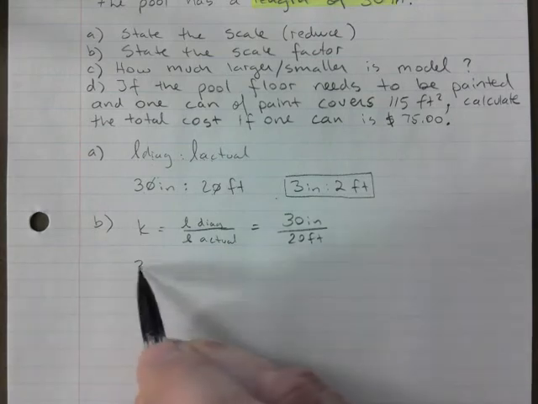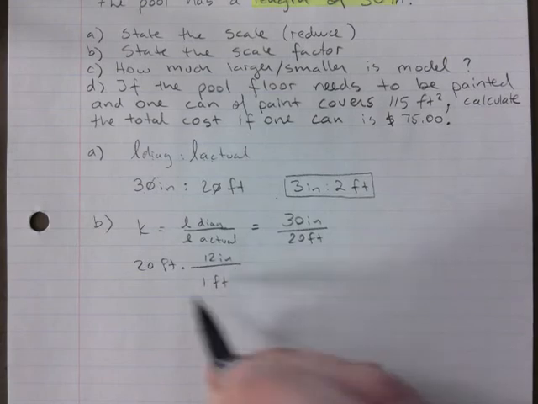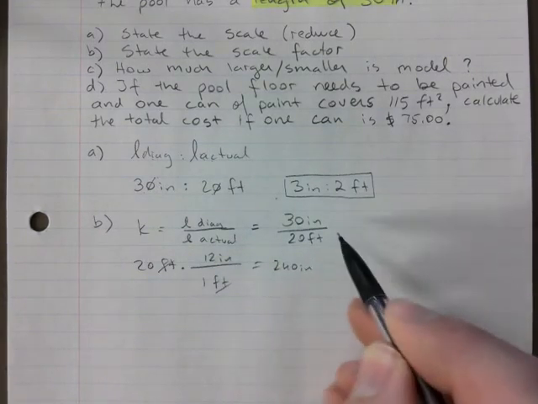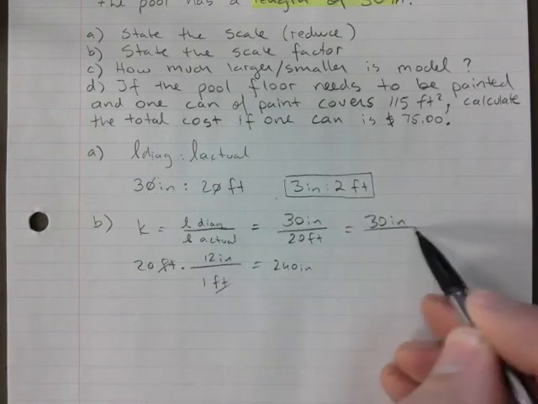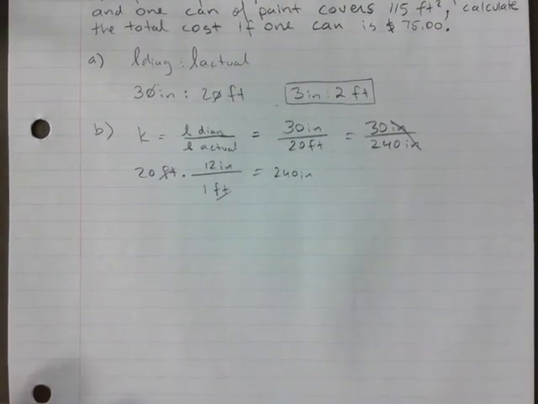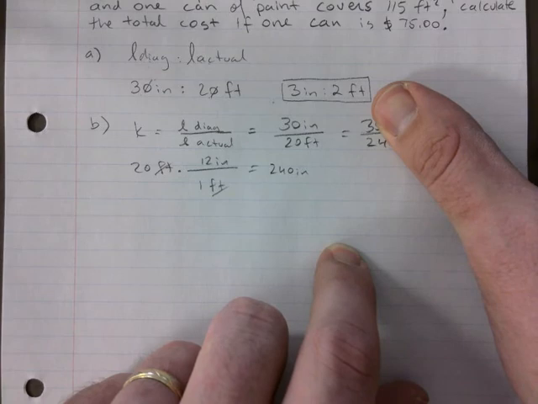There's some conversion that needs to happen here. 1 foot, 12 inches. And that's 240 inches. I'm going to insert that there. Sorry, I'm going a little faster. It's not a race, Mr. Dirksen. 30 to 240, I would give you the mark right there. Check. 1 full mark. You can reduce it a little bit. If you cancel the trailing zeros, it's 3 over 24, which is 1 over 8.